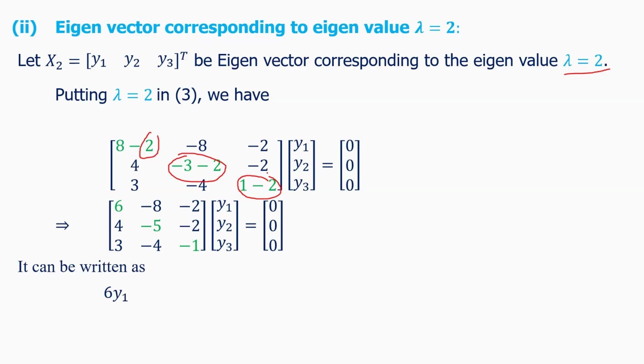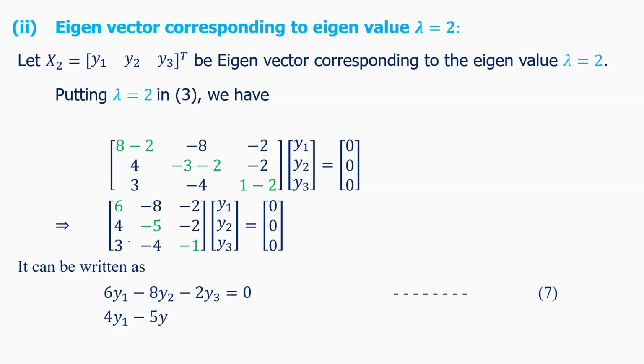If we write in terms of equations, 6y1 minus 8y2 minus 2y3, just as we multiplied in the previous example, this into this plus this. Similarly, we can write 4y1 minus 5y2 minus 2y3 equal to 0.